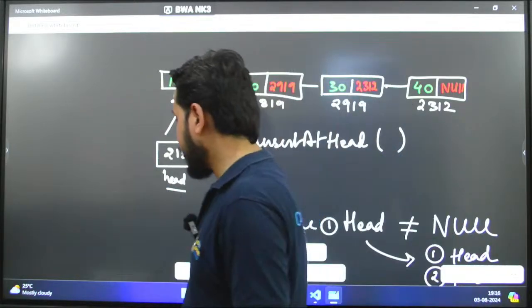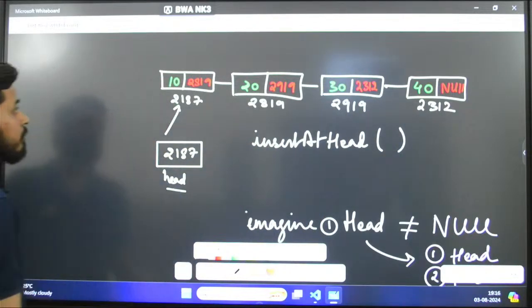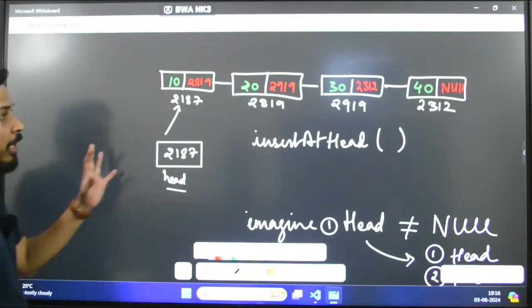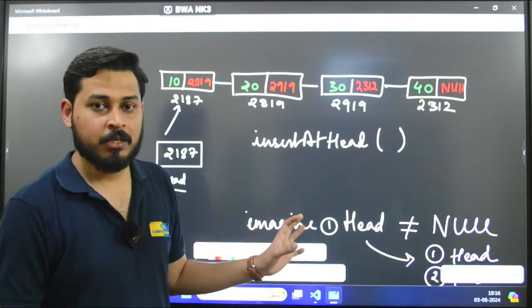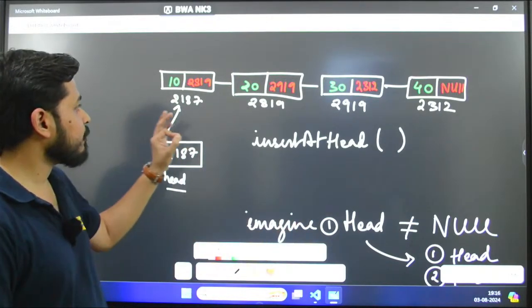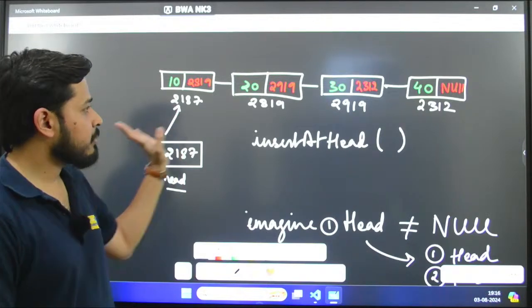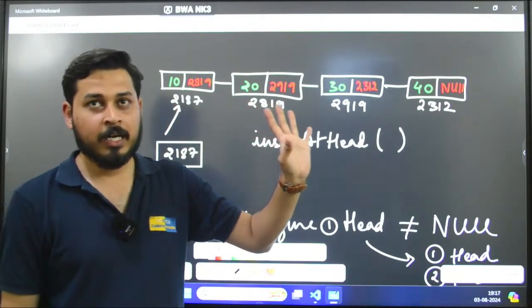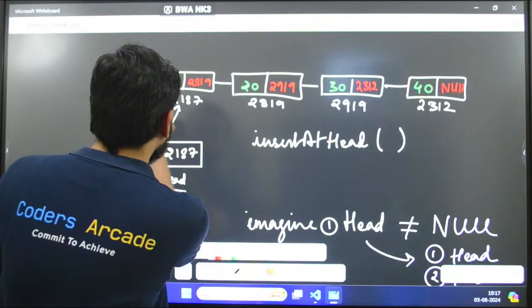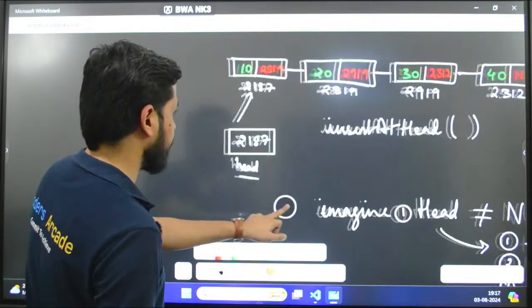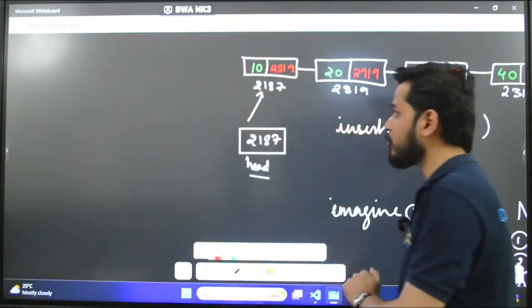Here what I need to do is, I'm imagining right now that this is our linked list, and I'll just bring it here so it becomes easy for me to write as well.